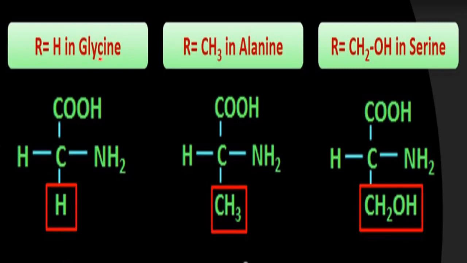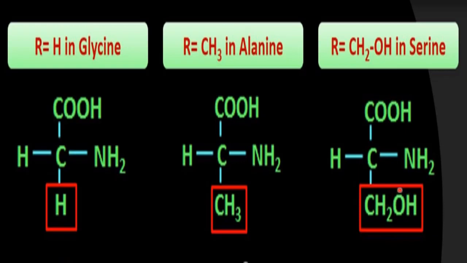The only difference is the variable group. Here in glycine the variable group is H, means R is equal to H. In alanine, the variable group is CH3. Here in serine, the variable group is CH2OH.